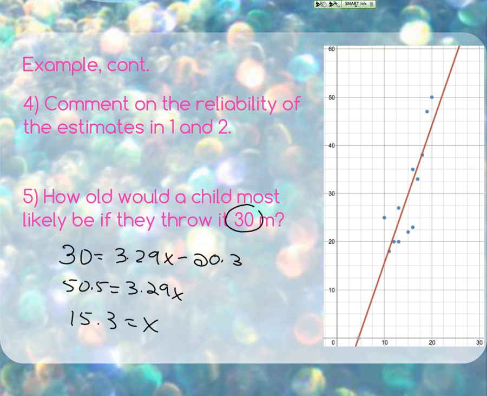So about 15.3. So in order to throw 30 meters, they should be about 15 years old.